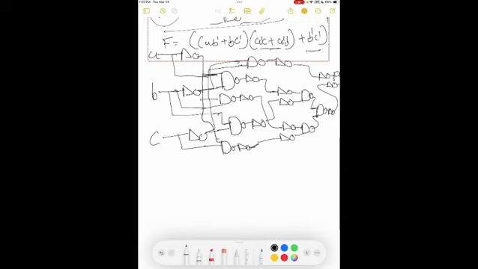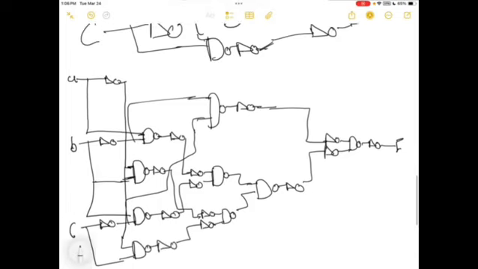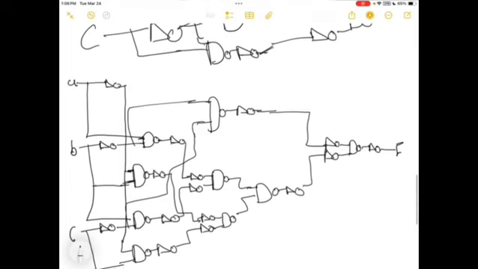And now we have to cancel the two NOTs. For that I have to write it very cleanly, so I'll just write this whole thing cleanly. Okay, this is a cleaner circuit than this.